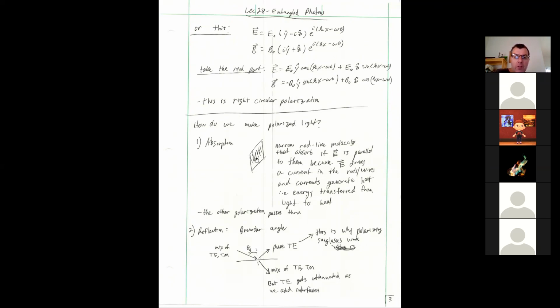And if I've got an electric field along the direction of a wire, well, current flows. And what do we know about wires carrying a lot of current? What happens if you feel those wires through the insulation? They're hot. So if they're hot, that means that energy has been transferred into the wire.